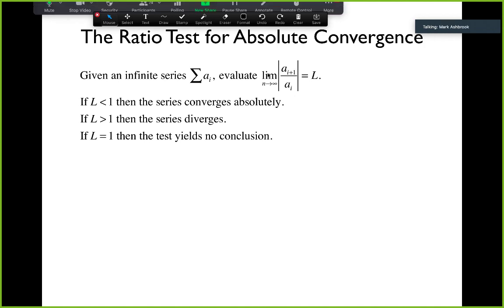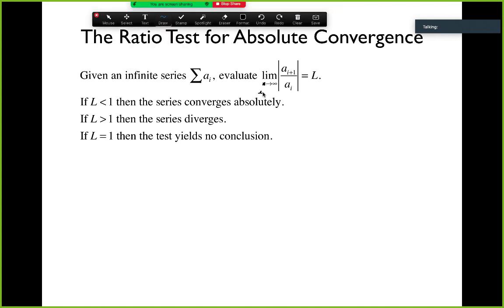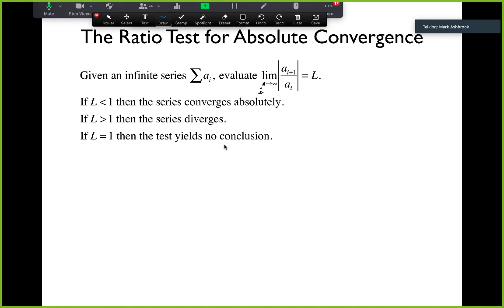And then we're going to look at the limit of that sequence, and the limit of that sequence is going to tell us if the series converges absolutely, diverges, or it may yield no conclusion if that limit is 1.